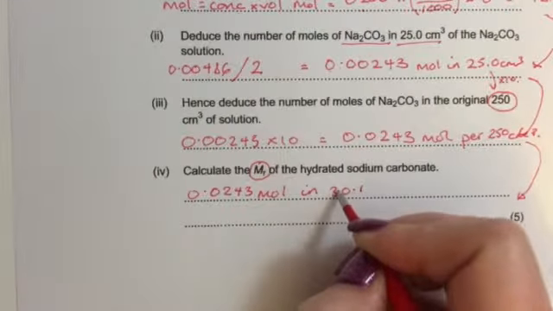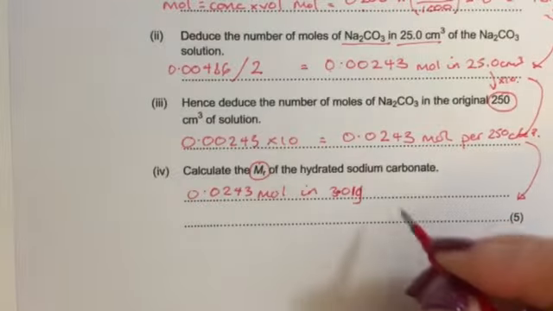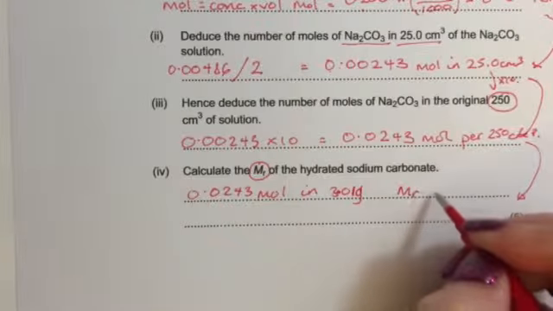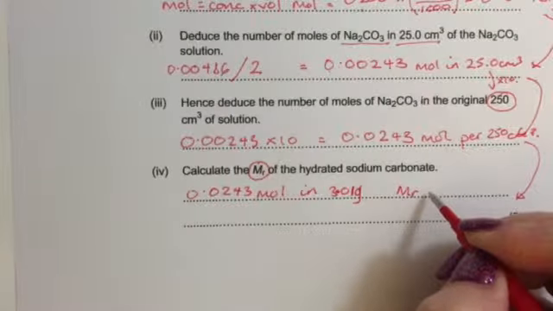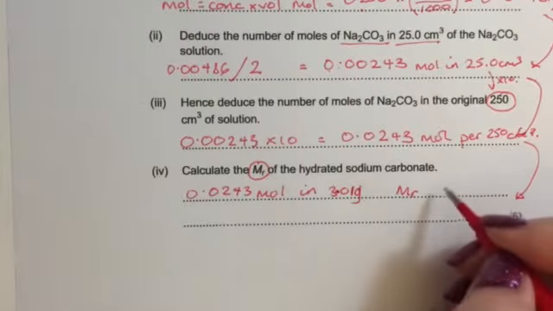Oops, decimal place in the wrong place. Do apologise. Okay, 3.01 grams. So what we want to know is what is the relative mass for the sodium carbonate as it is.